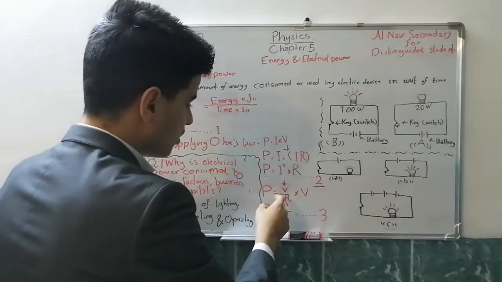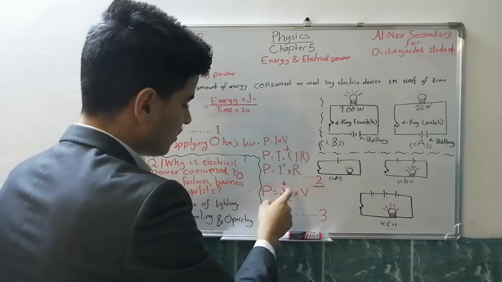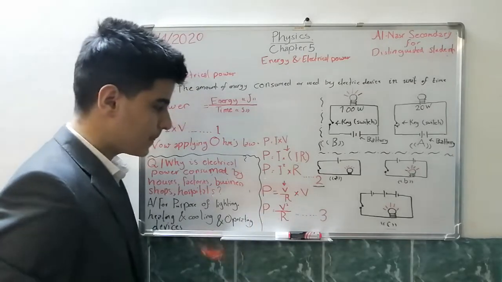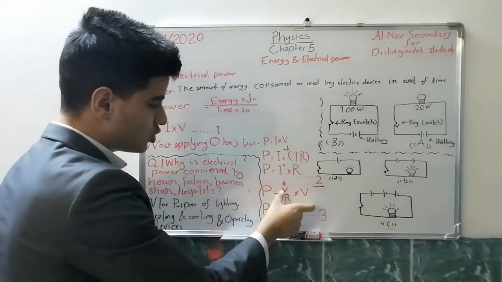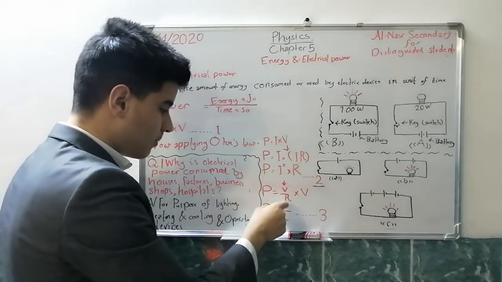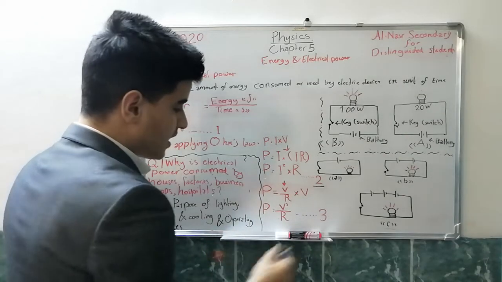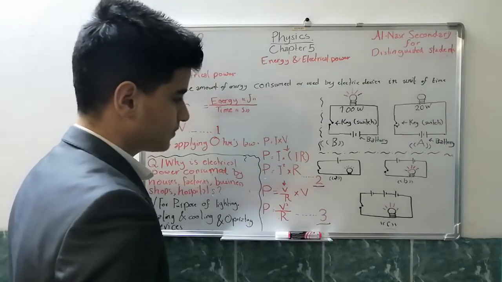Or P equals V, volt, divided by resistance, multiplied by V. Because we have two V's, we make it V squared over R. This is the third law.